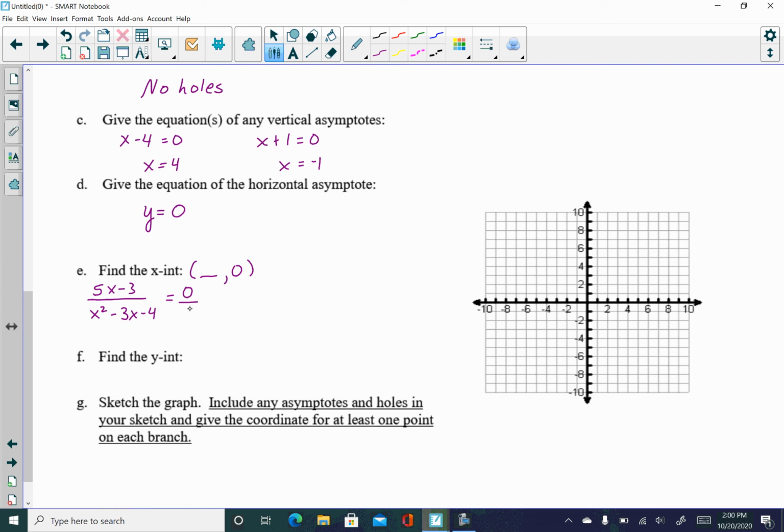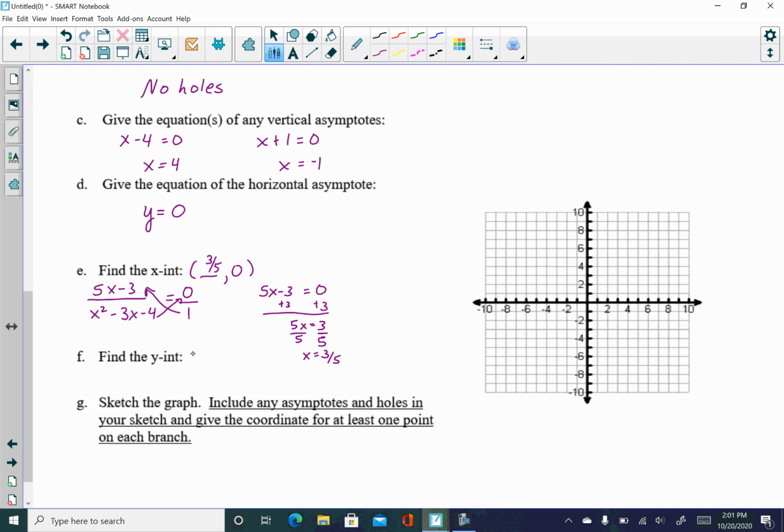It's legal to put a 1 underneath that and then just cross multiply. The nice thing is 1 times 5x minus 3 just gives me 5x minus 3, and that whole piece down there times 0 is just 0. We add 3 to both sides: 5x equals 3, divide by 5, so x equals 3/5. So I would be crossing the x-axis at 3/5.